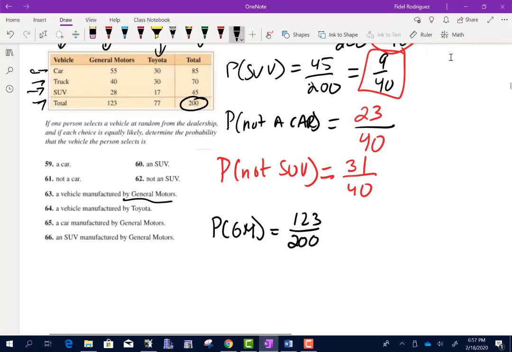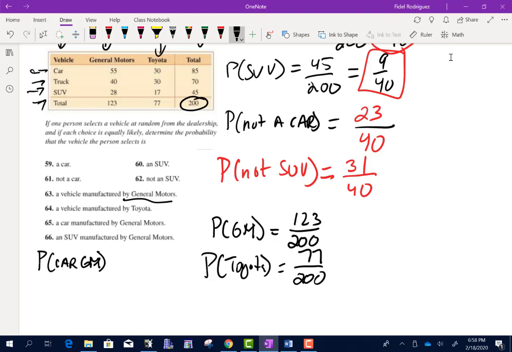Okay, the next one says a vehicle made by Toyota. 200 vehicles total. How many of them are made by Toyota? 77.